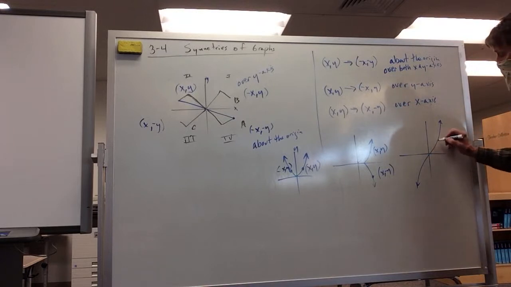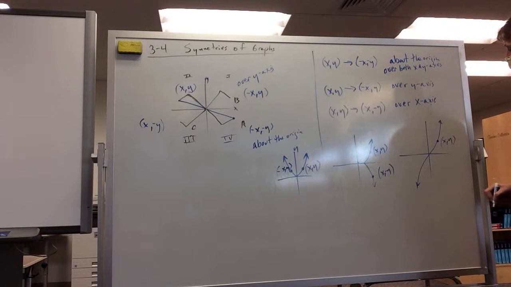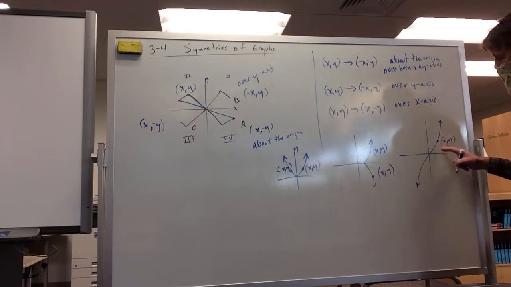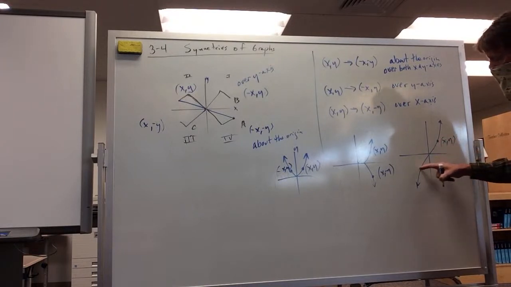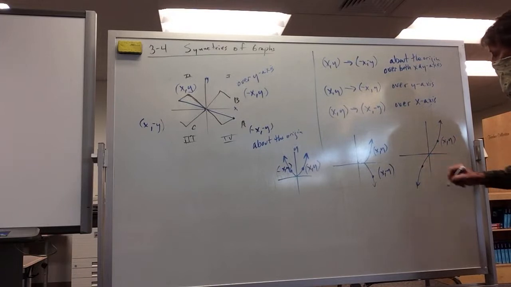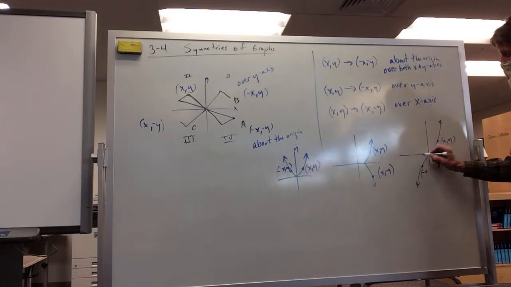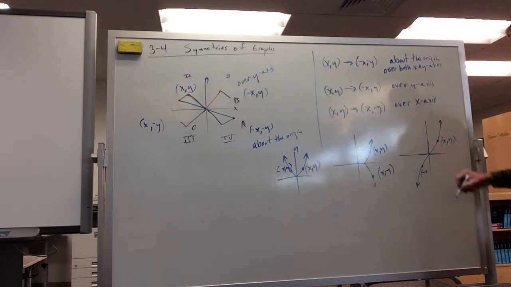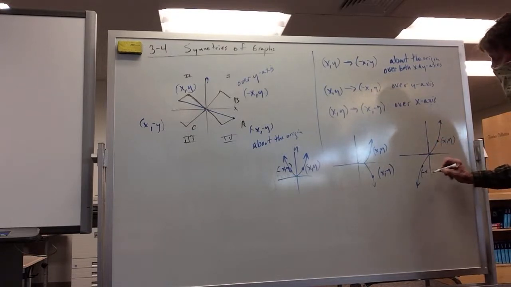So if you take a point here, which is x, y, what this maps to is a reflection over the x-axis as well as the y-axis, which brings you down here. So now you have the opposite x. Instead of being positive, you go negative. And instead of y being positive, y becomes negative.